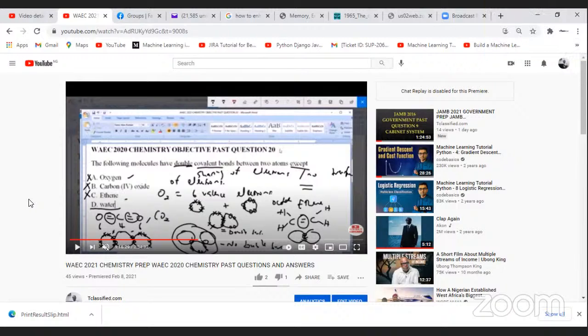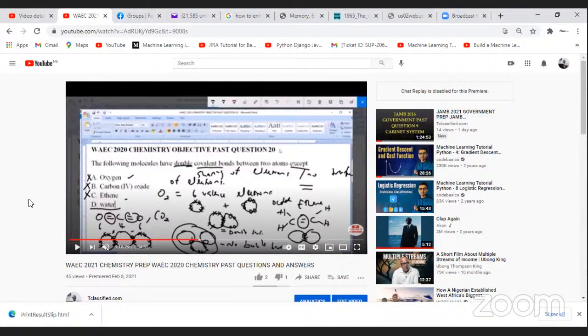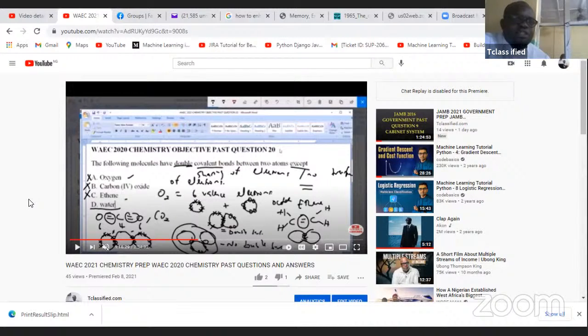It's not the one that has double covalent bonds. Which one does not have? If you draw the valence shells of the various atoms that are involved, then you link up the electrons in the valence shells to make sure that they are stable.